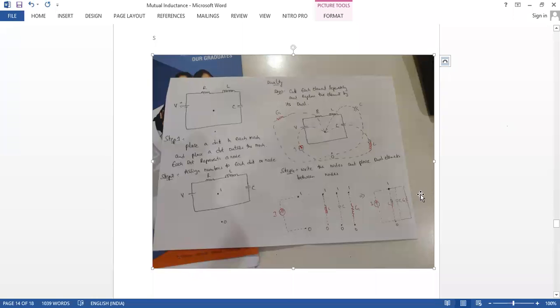Now this is the answer. Voltage source is converted to current source here. And next, resistor is replaced by G. G is nothing but mho, conductance. Inductor is converted to capacitor. Capacitor is converted to inductor.